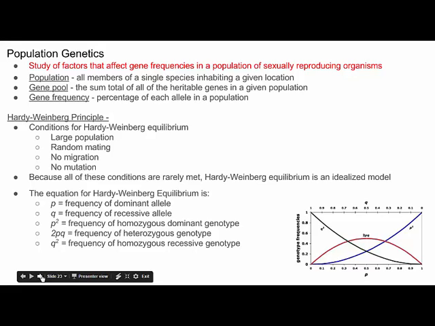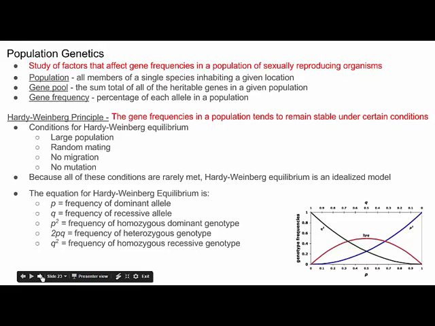And so in the early 20th century, some researchers started to devise a mathematical model that can predict the frequency of various genes in a population. And the scientists were named Hardy and Weinberg, and they came up with a principle that in certain populations, the frequency of the genes tends to remain stable.